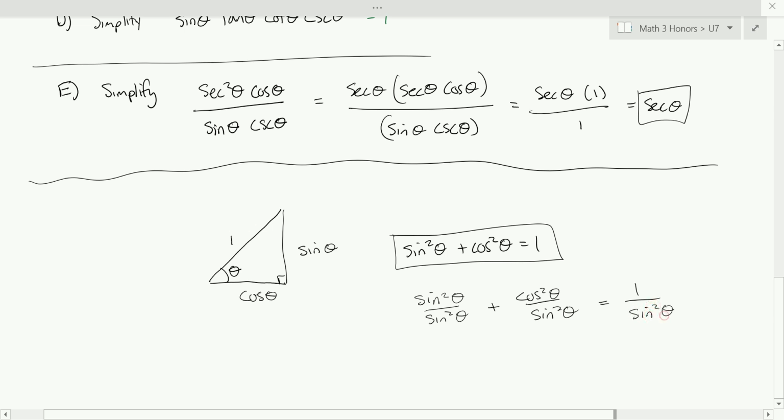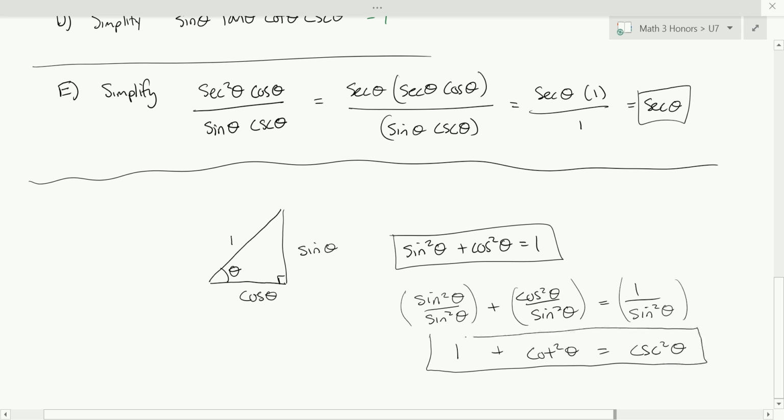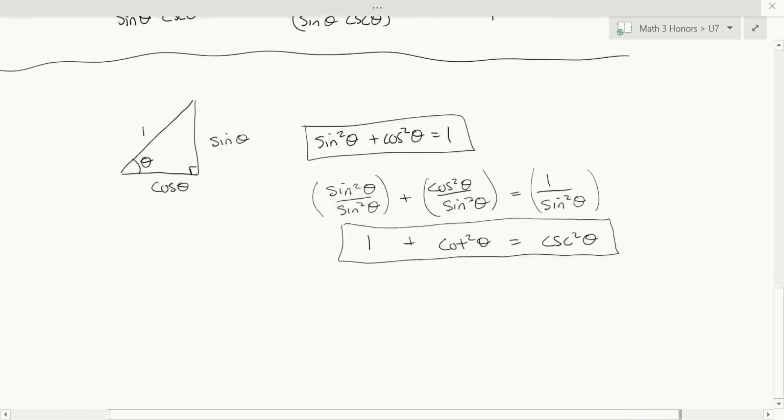But by doing this, it changes the type of function we're looking at. So what's sine squared over sine squared? What's cosine over sine? And what's 1 over sine? And you guys see that that's another Pythagorean identity. That's the second one. There's 3 of them. That's also on your cheat sheet. Okay. And so I'm just giving you a little background where they're coming from.